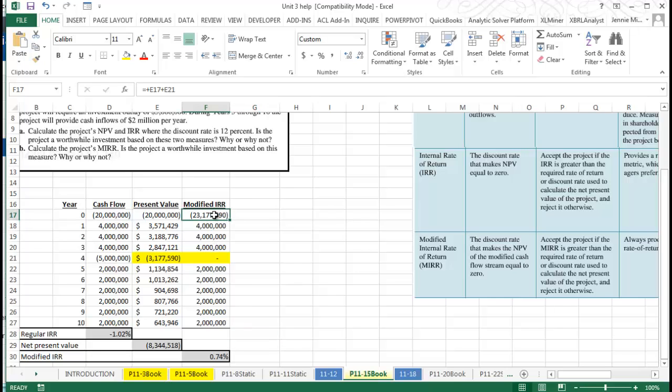So here's how you do it. You'll notice I didn't pull over the regular $20 million in year 0. What you do is add up the present value of your negative numbers up in year 0. This amount here is an addition of the $3,177,590 in year 4 and the year 0 amount.